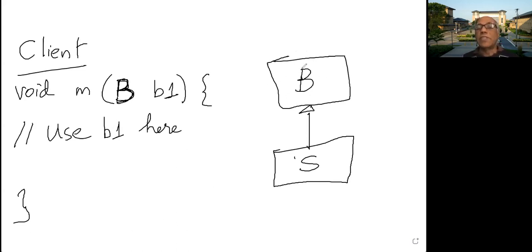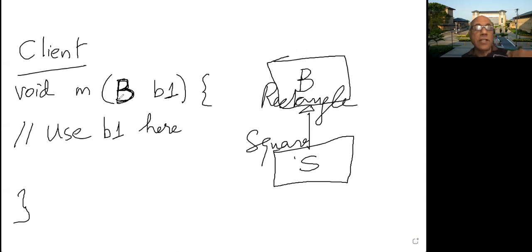For example, if this is rectangle and this is square, B is rectangle and S is square. I'm assuming that everything is a rectangle, but when I get a square, would I be able to say, oh, okay, this would have produced the same result for some rectangle?